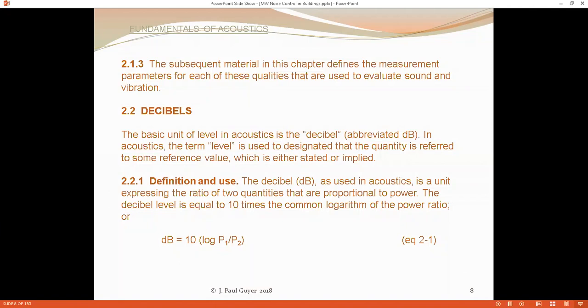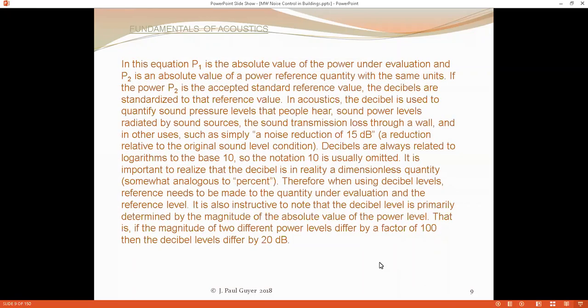And what is that sound power? Well, actually, that's not the best way to state it.